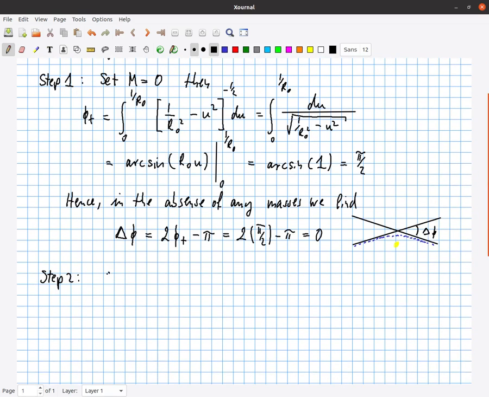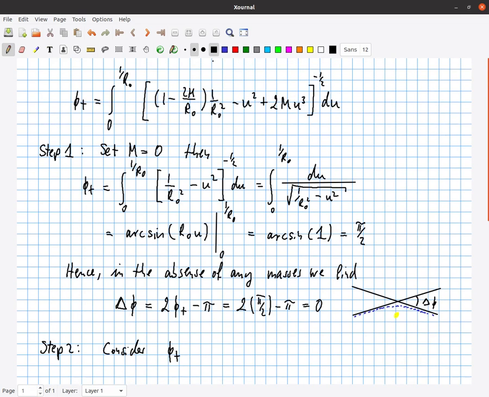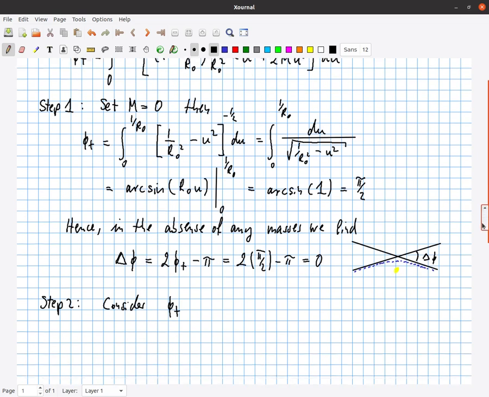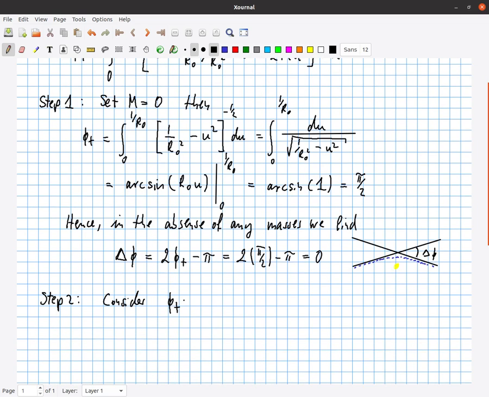Step 2 is to consider phi plus. It is obviously a number because it is a definite integral. So this is some kind of number, and this number will depend on m. What we do is we view phi plus as a function of m.